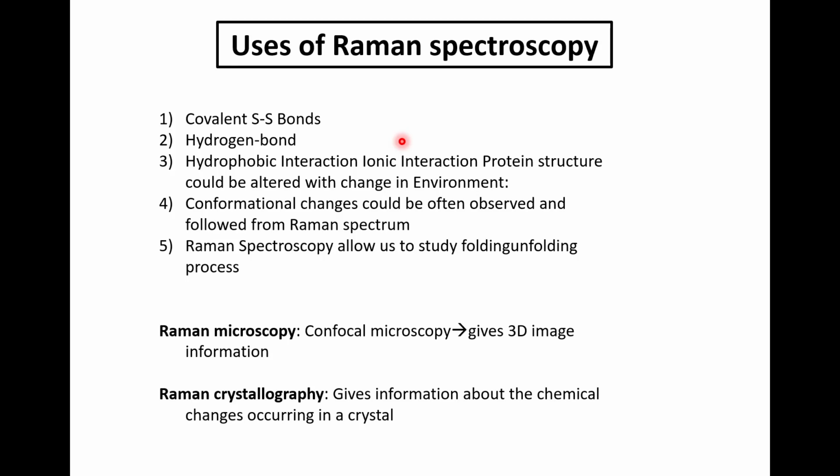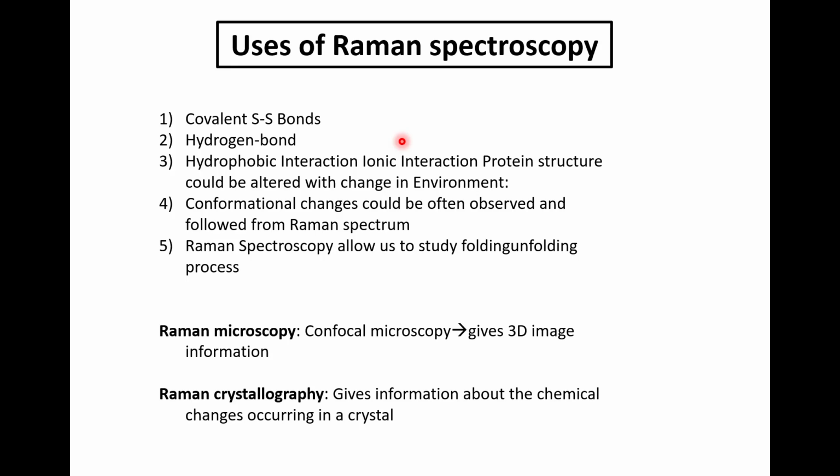So you can get the chemical nature of the molecules, or how many hydrogen bonds, hydrophobic interactions, ionic interactions there are in the protein, and also the protein folding and unfolding processes. All this can be visualized from the Raman spectroscopy method.